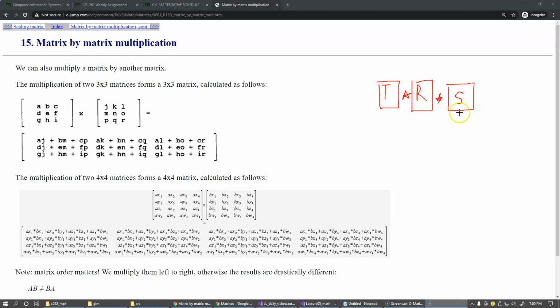And the result of this multiplication will produce the transformation matrix, which will accumulate all of the manipulations that we already prepared in these matrices. So now this single matrix accumulates all three: scaling, rotation, and translation.